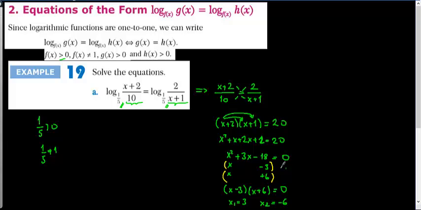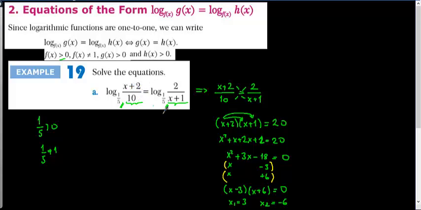And after this step, we have to check. When you replace x by 3 in g(x) and h(x), here (x plus 2) over 10 and 2 over (x plus 1), is it greater than 0? Here it's obvious that when you replace by 3, it's going to be greater.